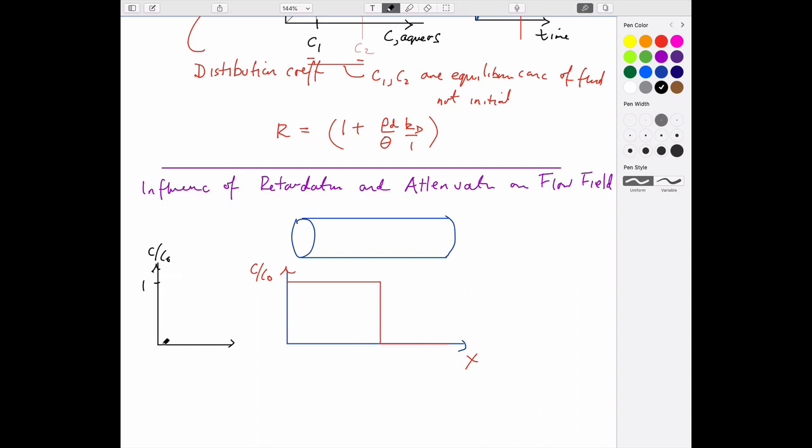It'd be something like this. This is time, and the output from the system would be something, again, with respect to time, and C over C0 would be something like this for plug flow. And this would be some length along here.